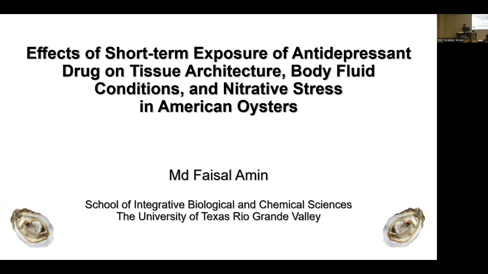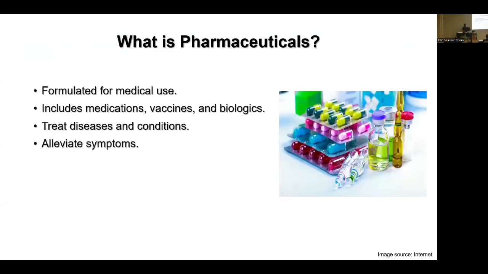My research is focusing on the effects of the pharmaceuticals that are entering our marine environment and how they cause destruction and harm to our marine organisms and ecosystems. Let's talk about pharmaceuticals. As we know, pharmaceuticals are chemical compounds used for the treatment of diseases, diagnoses, as well as to treat different conditions.